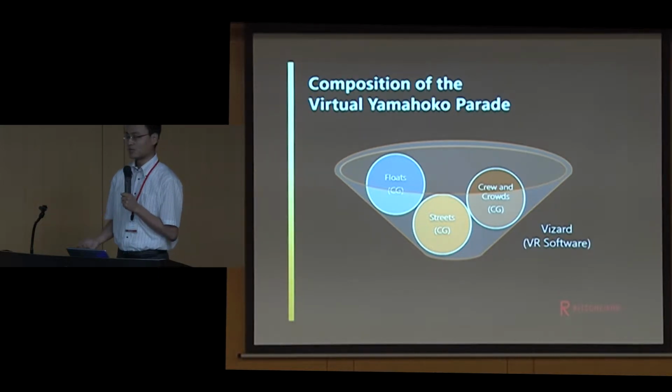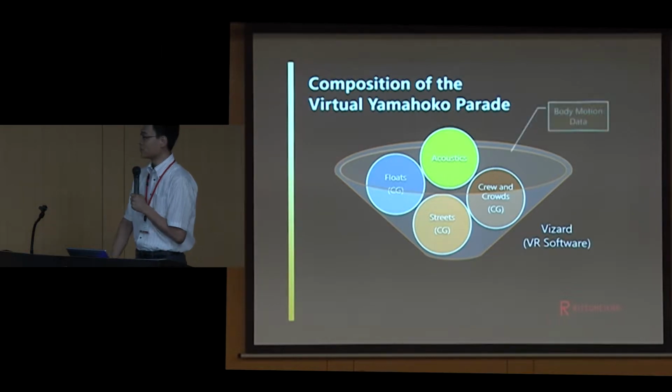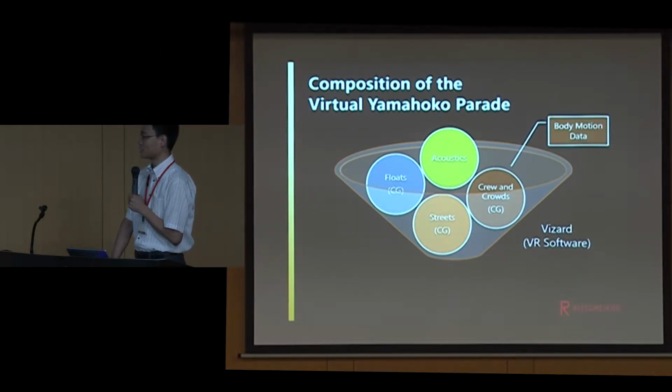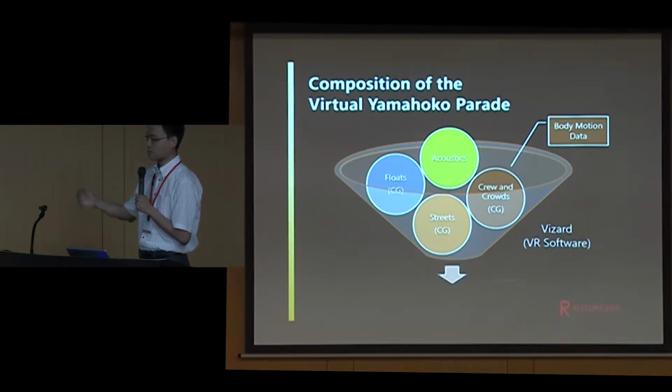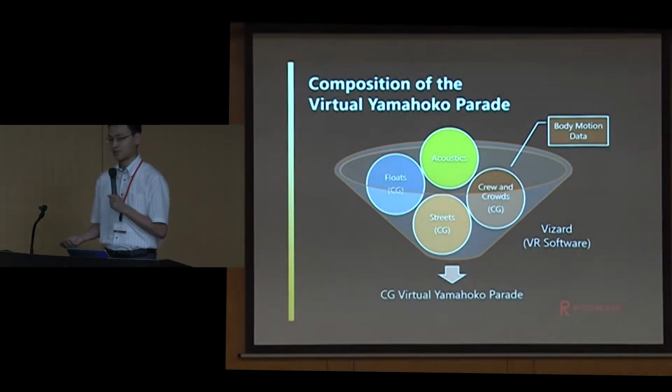So the people in this virtual space are very important. And also acoustics, the sound information. For the motion of the crew and crowds, we use the body motion data captured by a motion capture system. And with all of this, we can build the CG virtual Yamahoko Parade.